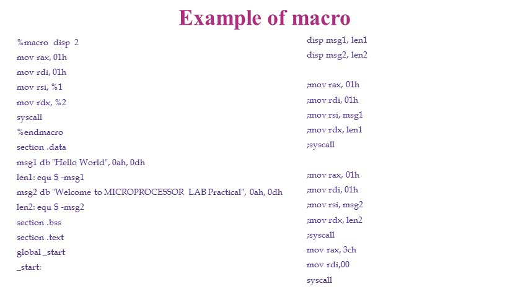Similarly, I have again called the macro for another message, and then I have written the code for system exit, that is mov rax, 3ch, mov rdi, 00, and syscall.